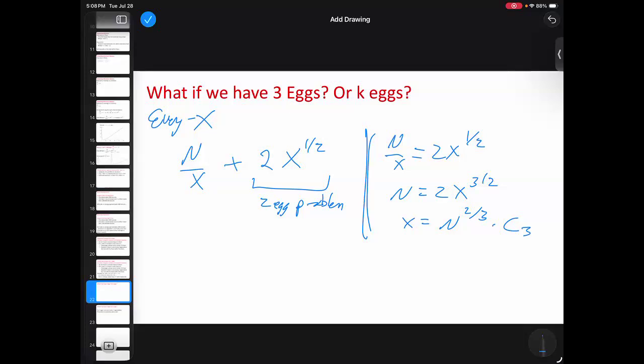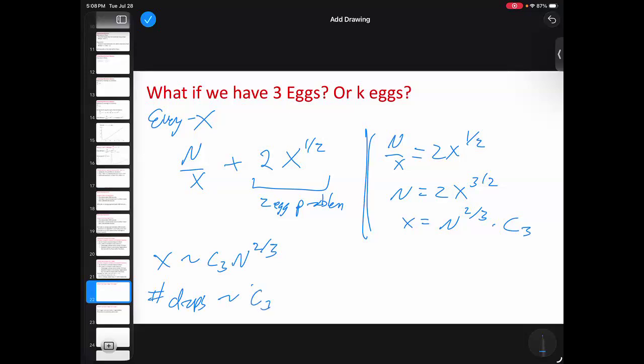So we would say x should be on the order of n to the 2/3, and the number of drops is about what? How many drops would it be? Give me the dependence on n. I don't care about the constant.